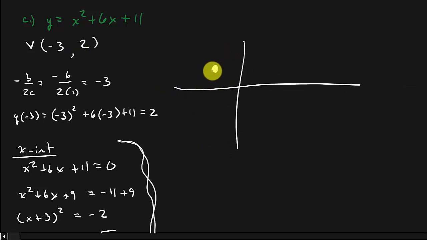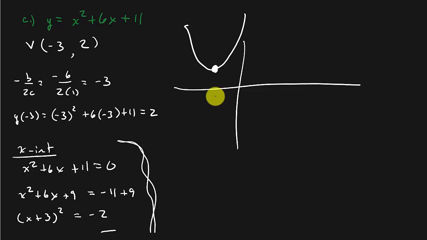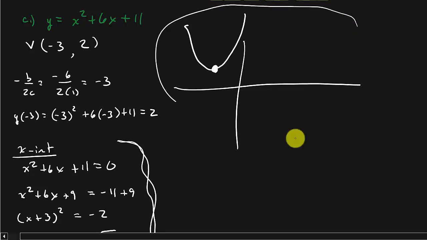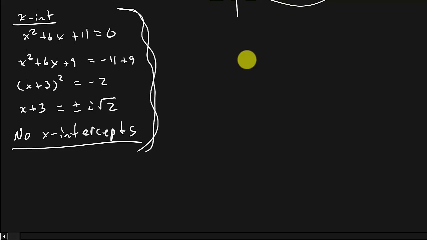There's my vertex, right? I go to the left 3 and up 2. Look at your function. That a is positive, right? Which way does this thing open? Up. You can see it's never going to cross the x-axis. But in case you forget to do this, and you go and set it equal to 0 and solve, and you get that imaginary solution, then there are no x-intercepts.